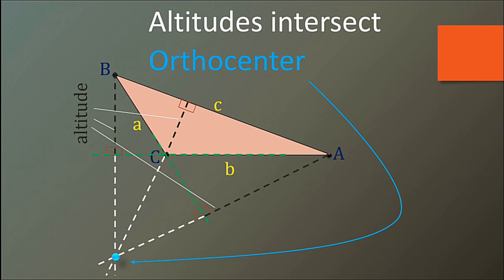If the altitudes are extended, they will all intersect in a single point. The point where the altitudes intersect is called the orthocenter. The orthocenter is one of the points of concurrency. There is nothing particular to note about the orthocenter except its relationship to 2 other points of concurrency. That is, the orthocenter, centroid, and circumcenter will be seen to fall on the same line.